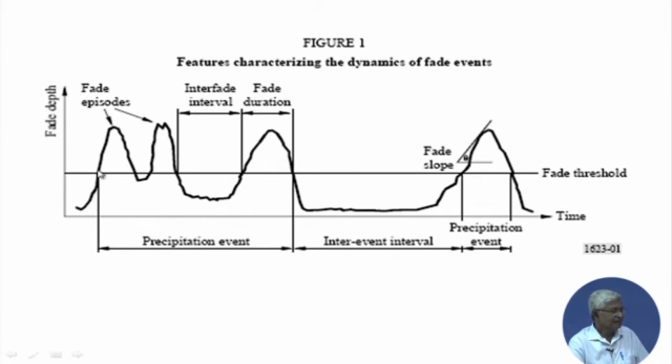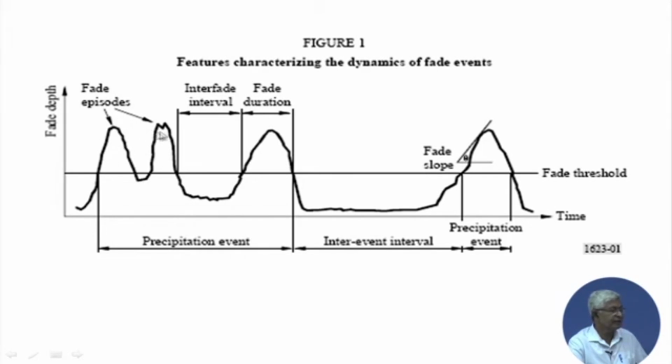You can see that with time there is some precipitation occurring and then no precipitation, that is the inter event interval, and again a precipitation event occurs. Whenever a precipitation event is occurring, it goes to a higher fade depth. Higher fade depth means poor attenuation. But this is not constant, it varies over time, sometimes it comes down, sometimes it goes up.